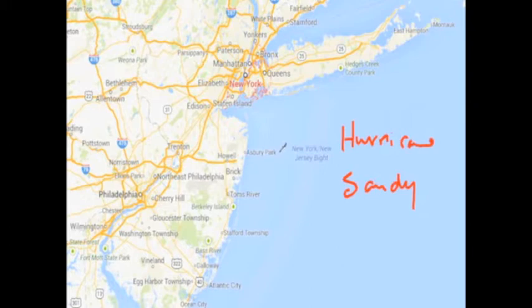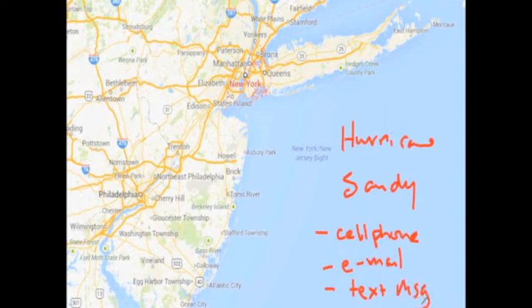The idea they had was they looked at the cell phone activity, how much email was being produced, text messages that were getting produced, and look for the biggest concentration of this data in the different areas and find out where the problems were, and then push the aid towards that area.